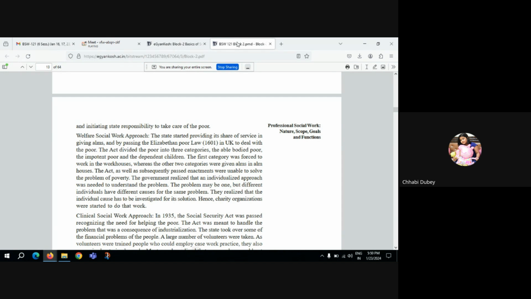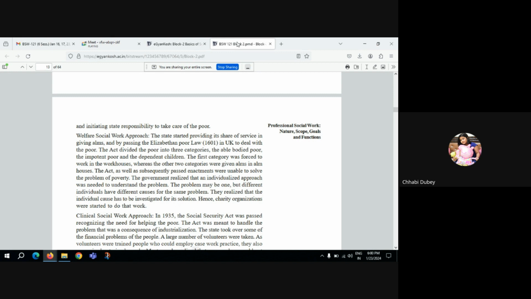The clinical social work approach started in 1935, okay, where the Social Security Act was passed, recognizing the need for helping the poor. Okay, and this act was meant to handle the problem that was a consequence of industrialization.